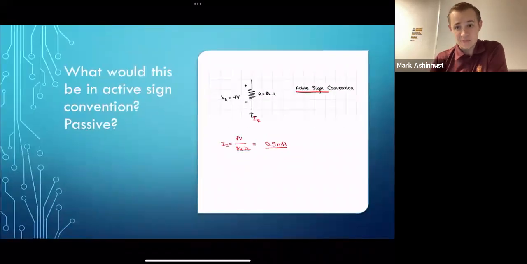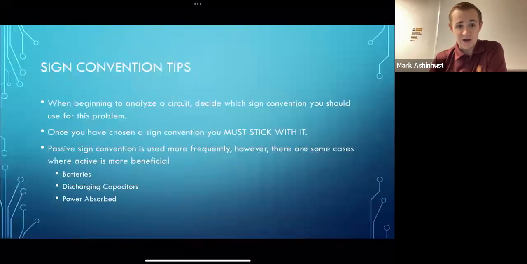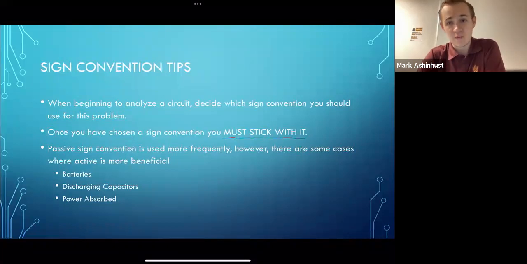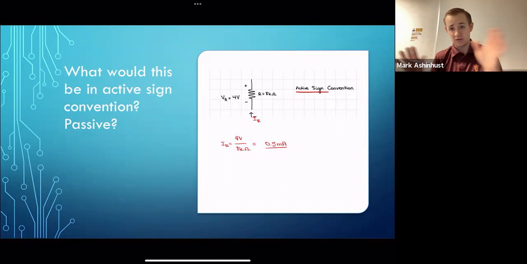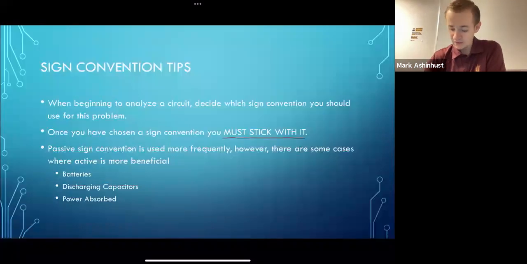One of the main things you need to keep in mind is that you must stick with it. It must be uniform and conform, because if we do half of the circuit in active sign convention and the other half in passive, then it's all messed up. It's going to lead to way different answers.